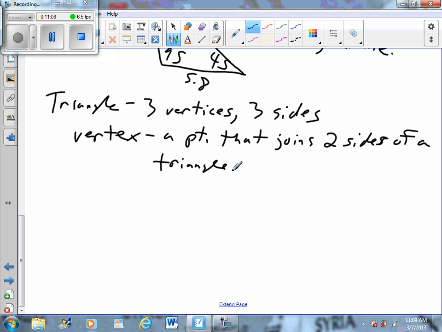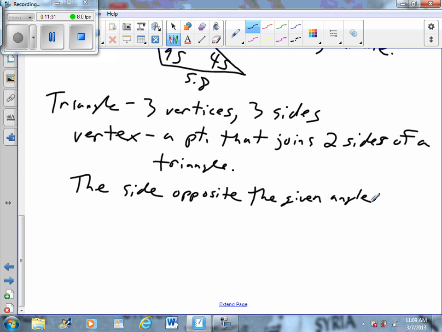All right? Now, we often speak of the side opposite from the angle. It's referred to as the opposite side. That is the opposite side, right?